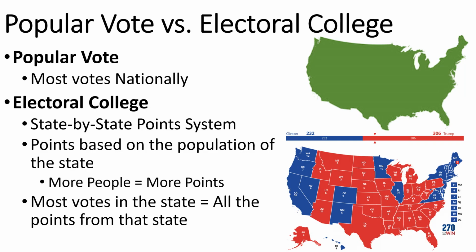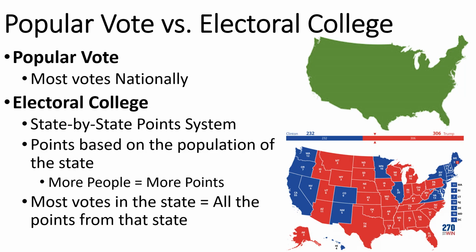Now, it is a state-by-state race. So if you get the most votes in that state, you take all the points for that state. Regardless, if you win that state by 3 million and you get 70% of the vote in that state, you get the points of that state.